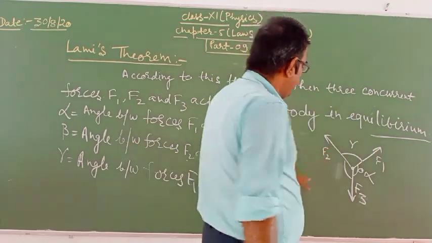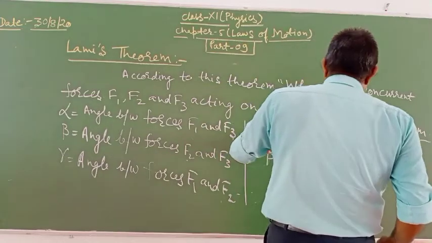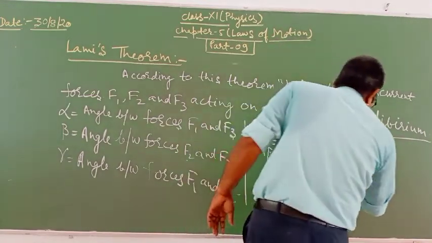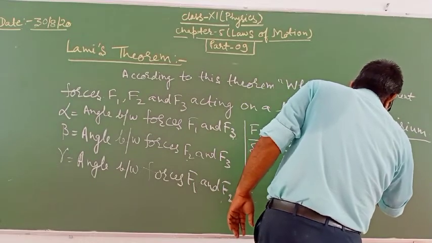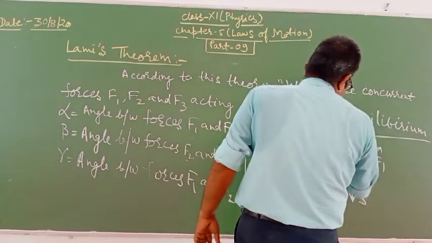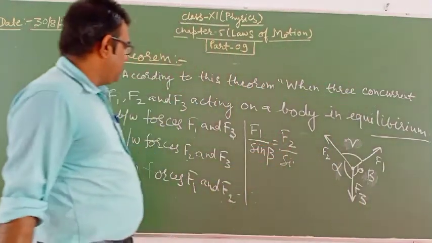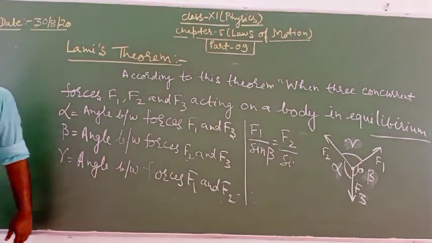For convenience, you can suppose that the angle opposite F1 is alpha, opposite F2 is beta, and opposite F3 is gamma, because the sequence is maintained.